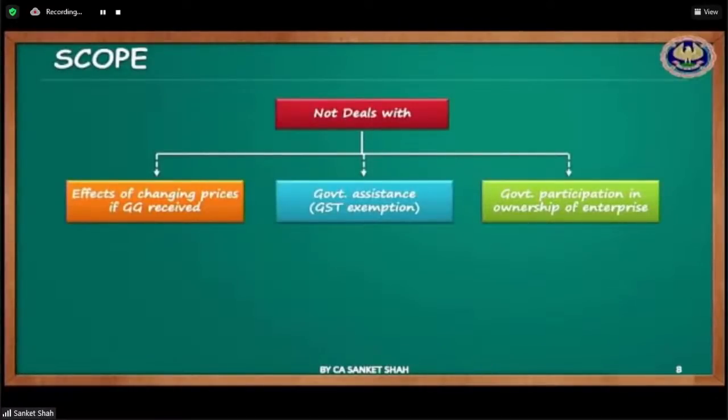Take a screenshot of what is not dealt with. So till now it's okay, beta.